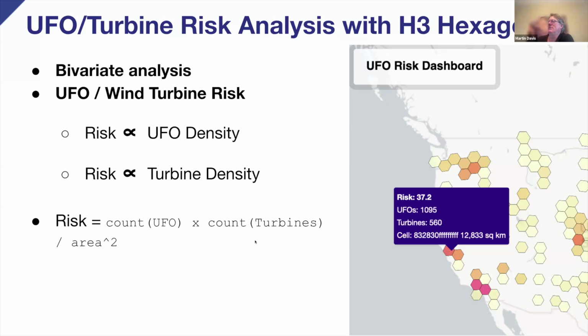To combine them so that we can compute a risk value for potential UFO and wind turbine interaction, we map both data sets onto H3 cells, compute a risk value for each H3 cell, and then display that on the map. We're going to assume that the UFO risk is proportional to the UFO density and also proportional to turbine density. I'm not really a spatial analyst, so hopefully that makes sense as an analytical function for risk.